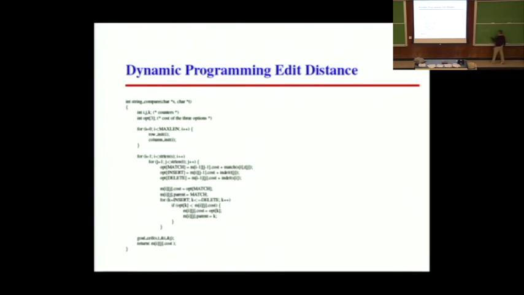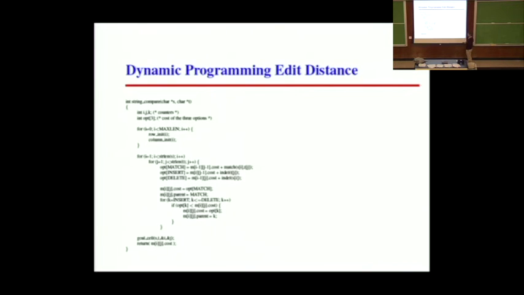Or I am going to pay 1 more than this, or 1 more than that. And I pick the minimum of the 3. Does everybody see that? So that's what I'm doing. This fancy code here is pretty dumb looking, but it's really just taking the minimum of these 3 things. And the minimum cost of those 3 is what the cost of cell i,j should be.